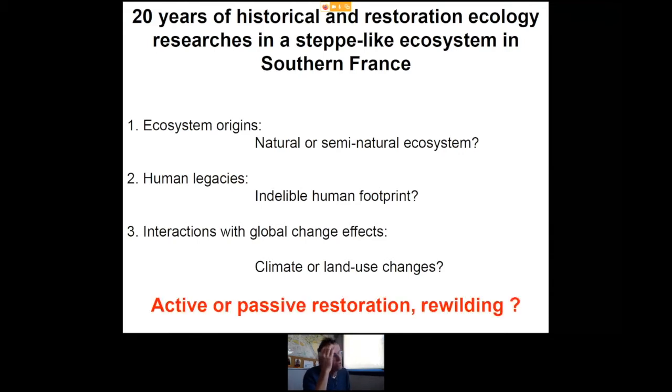And of course, all the data we will have from the answers to these questions will help to define the conservation or restoration regime. Do we have to do active or passive restoration, or do we have to revive the ecosystems? It is the link for us between historical ecology and conservation or restoration ecology.